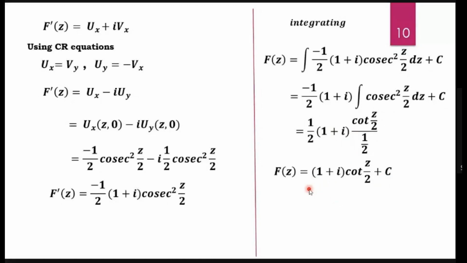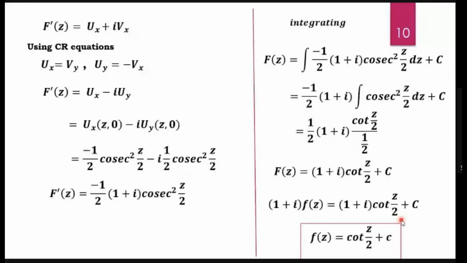Now I can replace capital F of z by 1 plus I small f of z. So now I will divide throughout by 1 plus I. So this 1 plus I, this 1 plus I will get cancelled and capital C can be replaced by small c. Or C1 and C2 you can take. ठीक है? So small f of z is equal to cot z by 2 plus c.